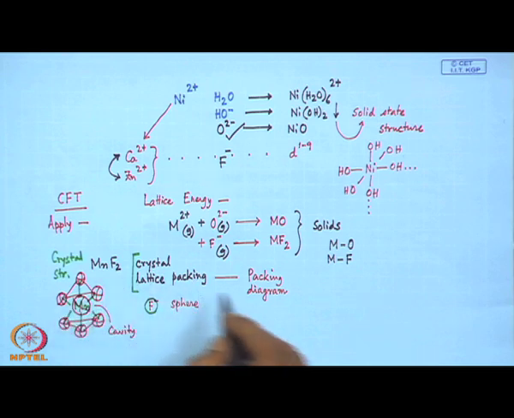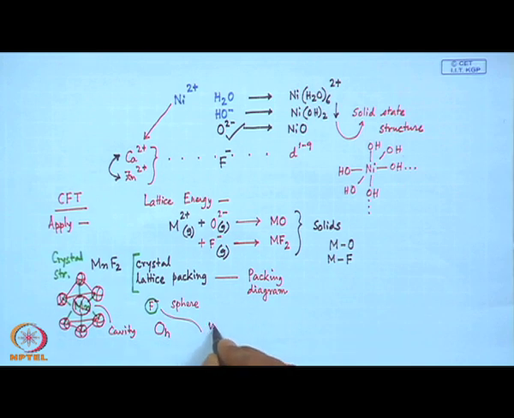So, basically, in this crystal field diagram and corresponding crystal field packing, the cavity forming around manganese is giving us a corresponding octahedral crystal field due to these fluoride anions, and these fluoride anions are weak ligands.